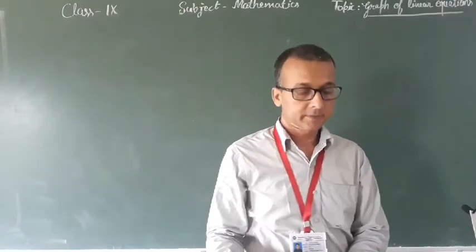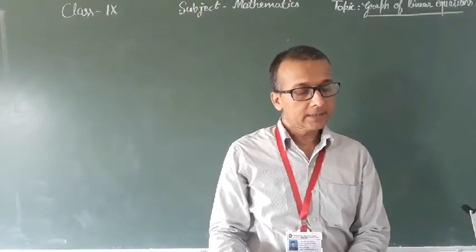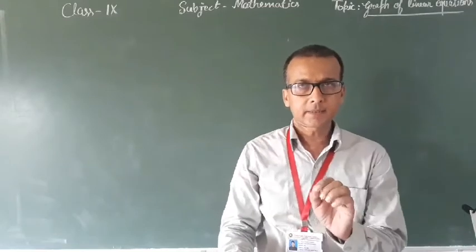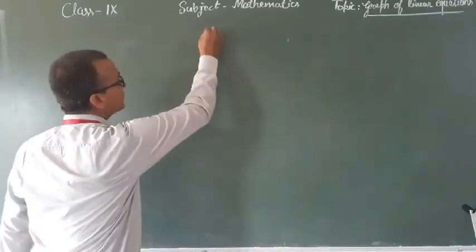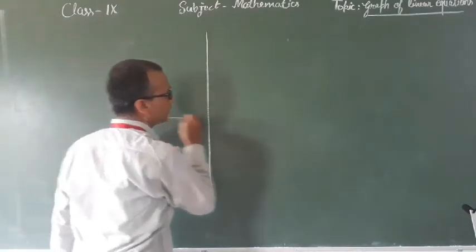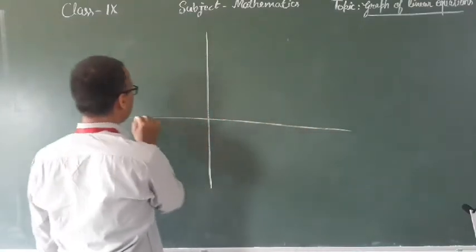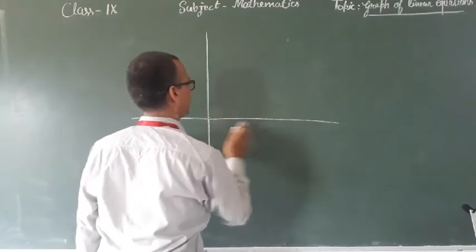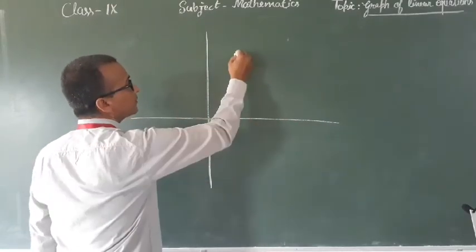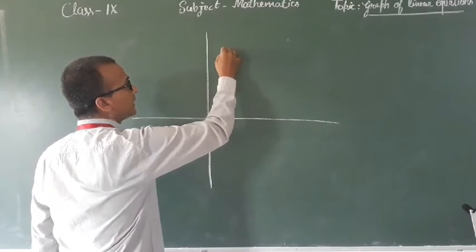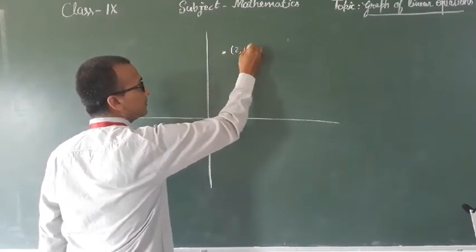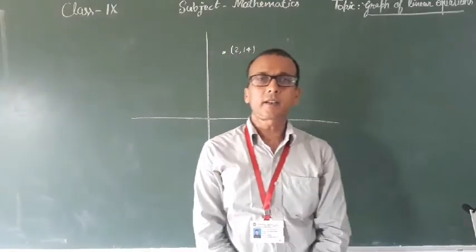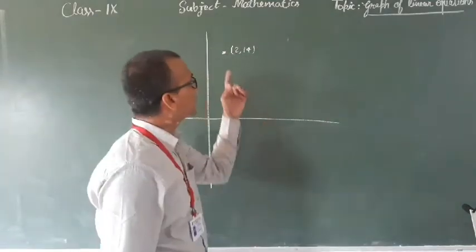Second question is, give the equations of 2 lines passing through (2, 14). Means you have a point, and that point is (2, 14). Suppose it is here. How many lines can you draw passing through this point?